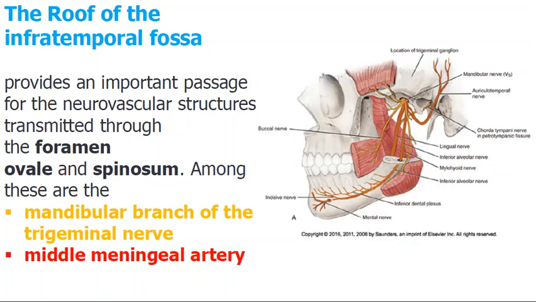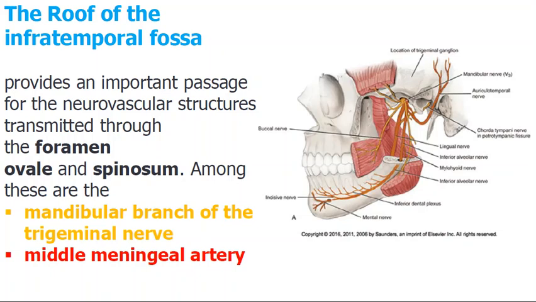Now the roof of the infratemporal fossa has its importance because it is the way of entrance or a portal of passage of important nerves and vessels, like the mandibular branch of the trigeminal nerve, which is motor and sensory to the area in the face, and also the middle meningeal artery passing from the maxillary artery to the inside of the cranium.